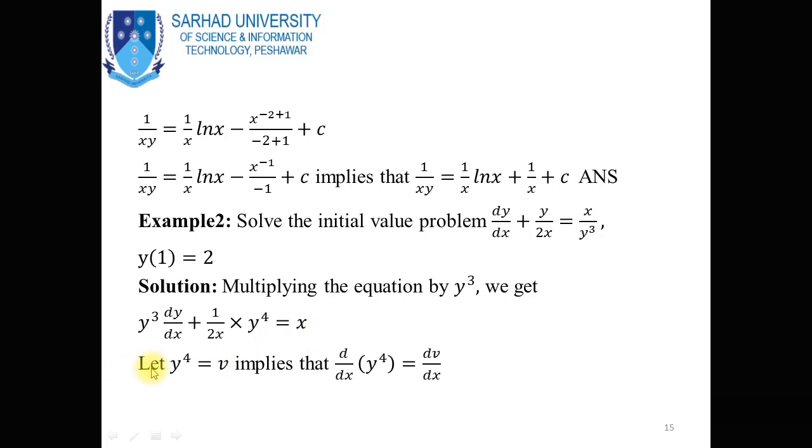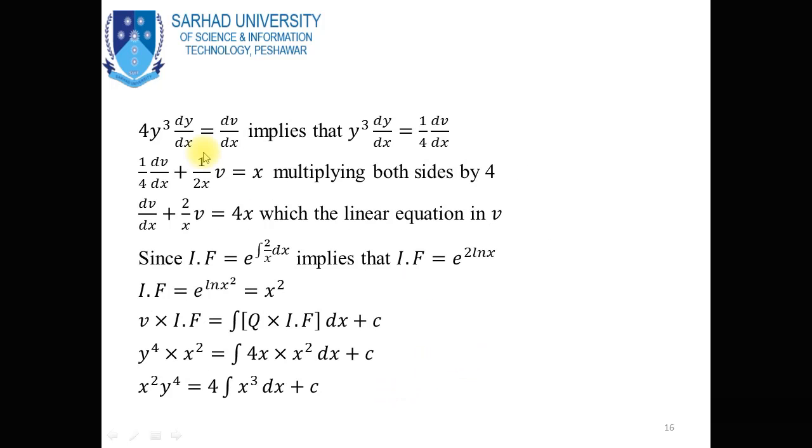And now let y power 4 is equal to v, which implies that d by dx of y power 4 is equal to dv by dx, and this can be written by the power rule as y power 3 and again the derivative of the base dy by dx is equal to dv by dx, and this implies that y power 3 dy by dx is equal to 1 over 4 dv by dx.